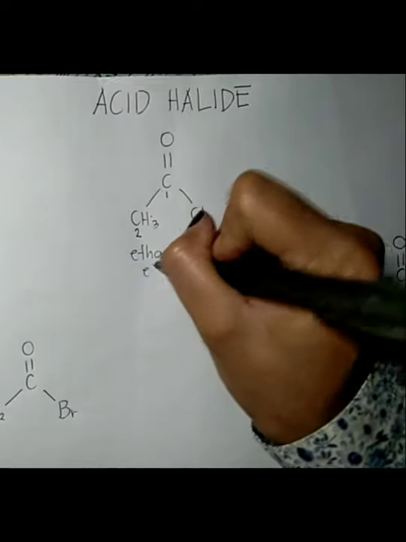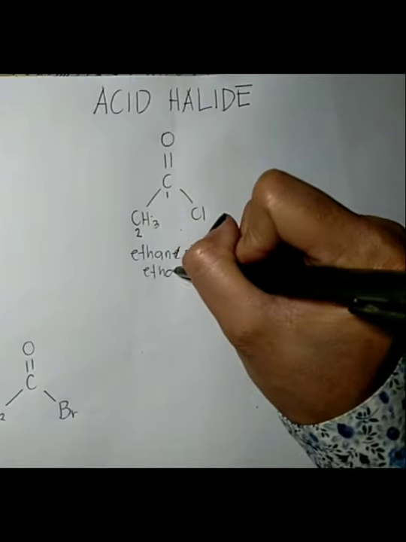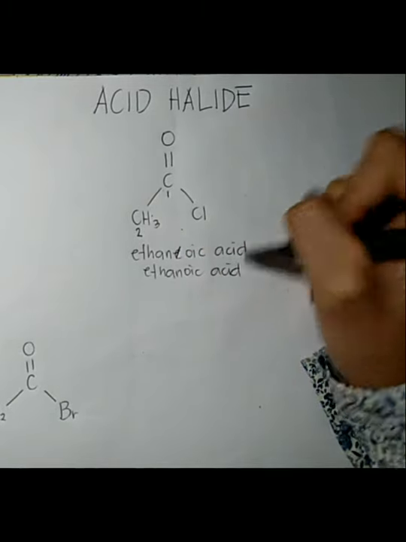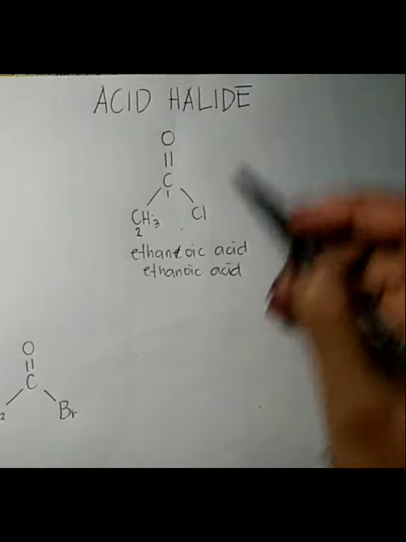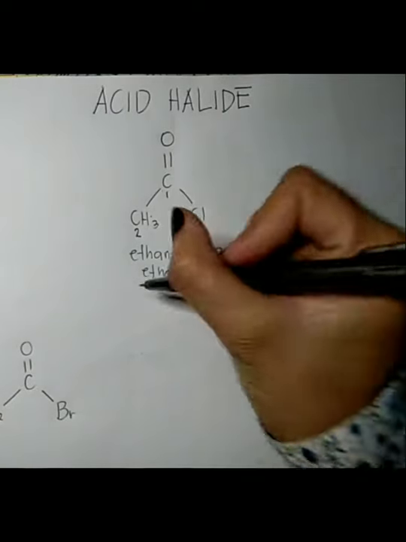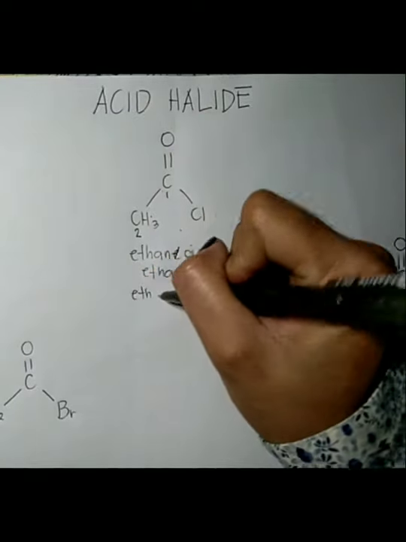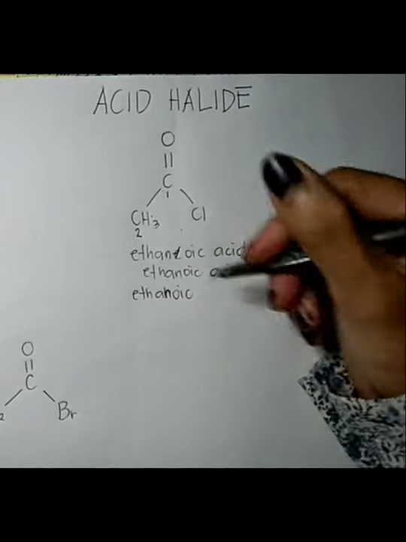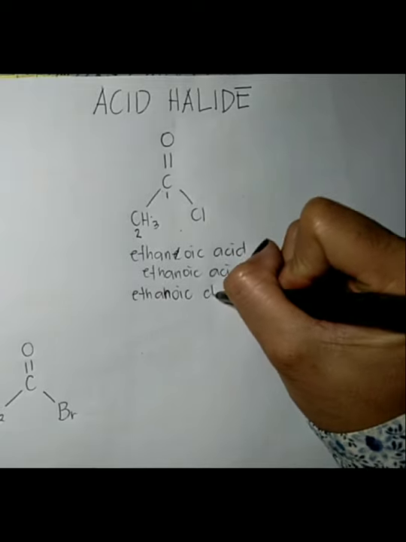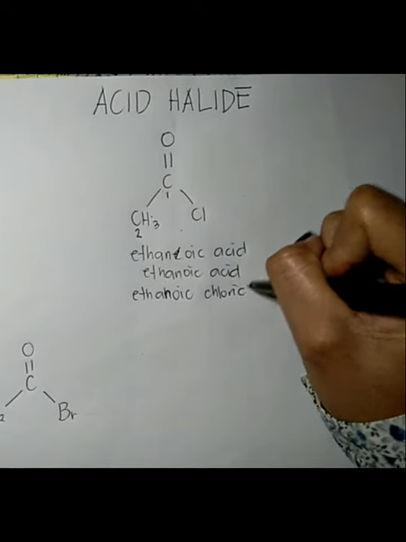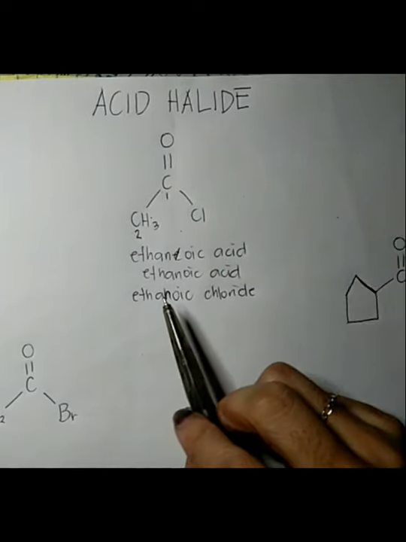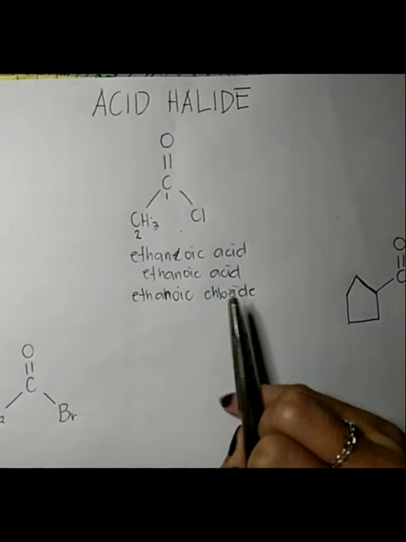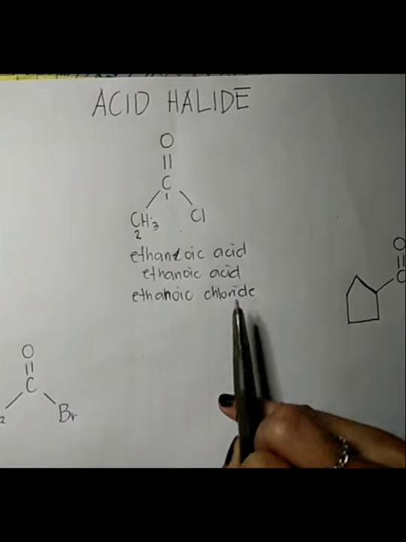So ethanoic acid. The common name of ethanoic acid derived into an acid halide is ethanoic chloride.